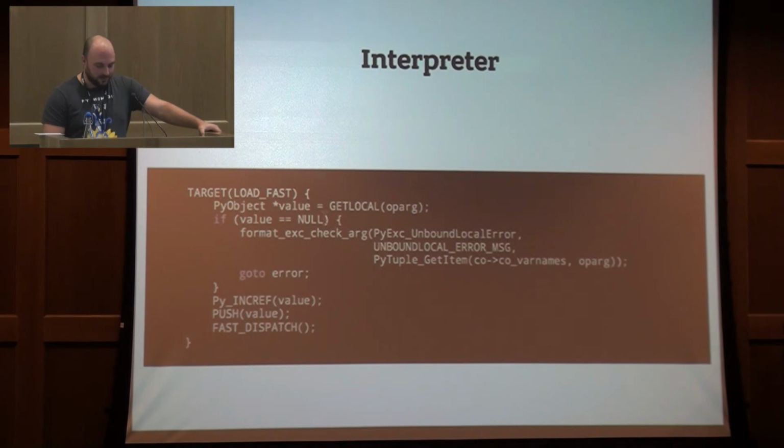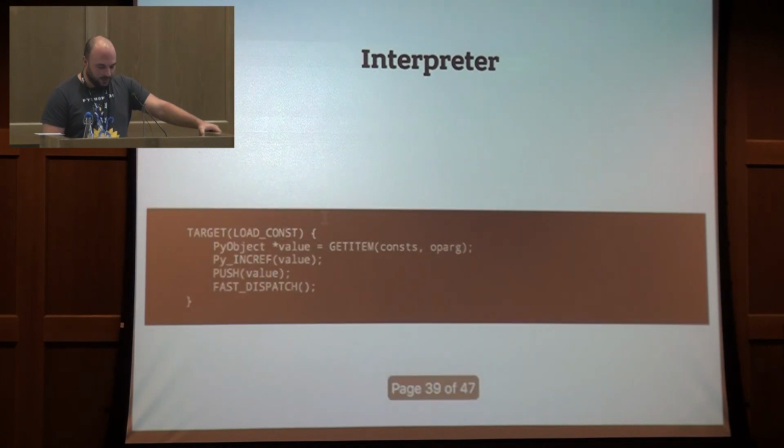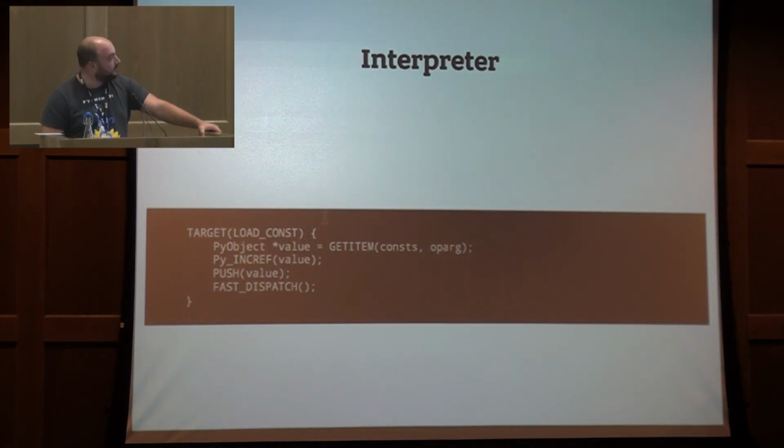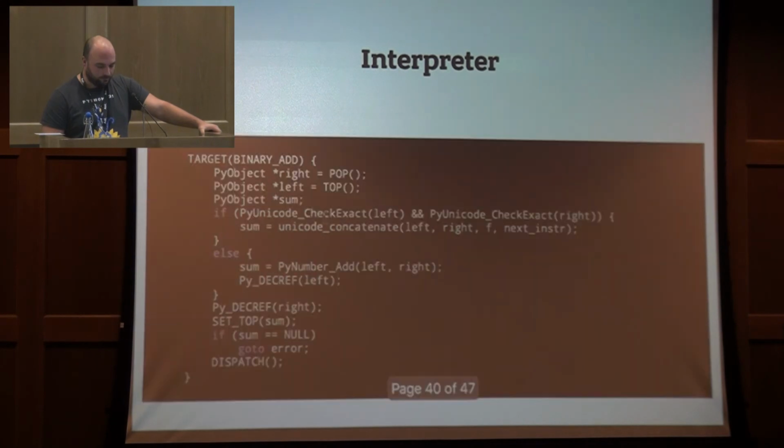And I have 12 minutes. Okay. So the load fast function will read the value and push it on the stack. The load const will get the constants from the frame and push the value on the stack.